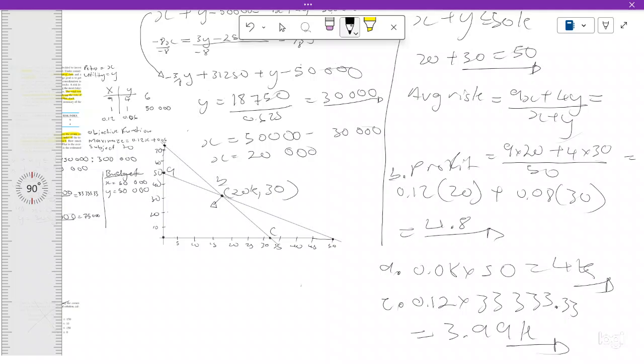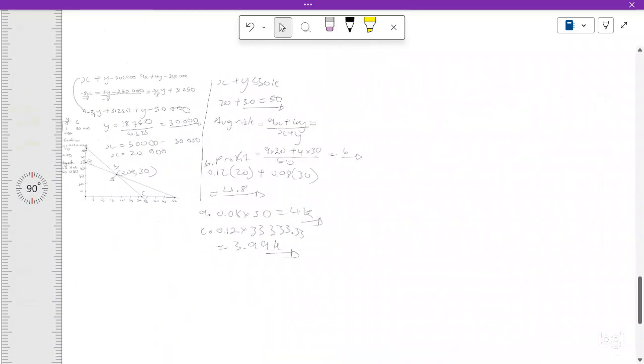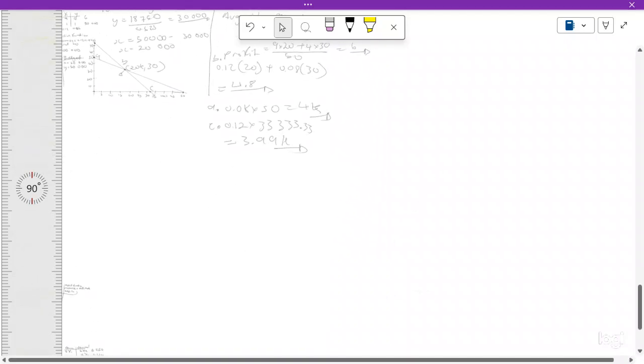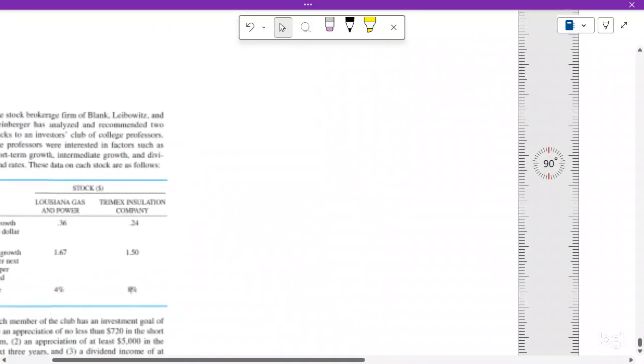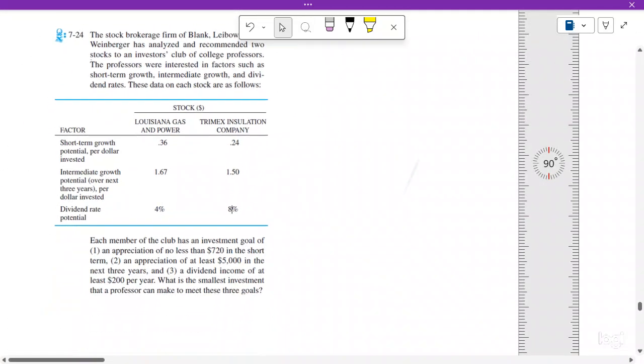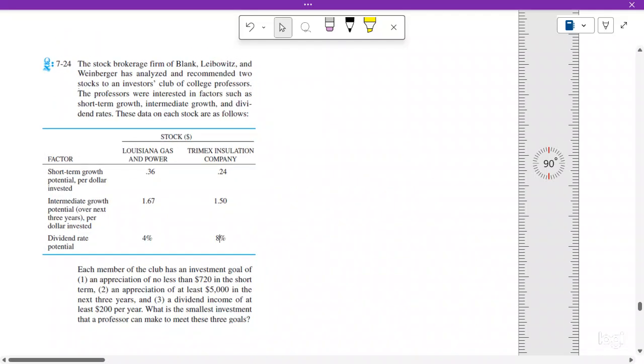For 2, let x equal 0, then y equals 5000 divided by 1.5, which is 3.33 thousand. Then you do the same: x equals 5000 over 1.67.